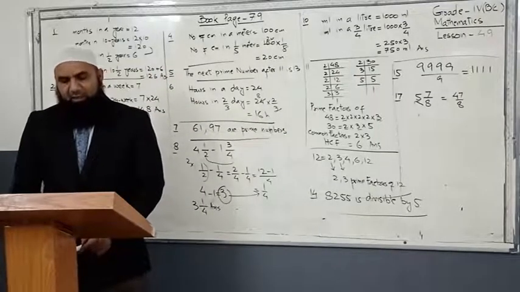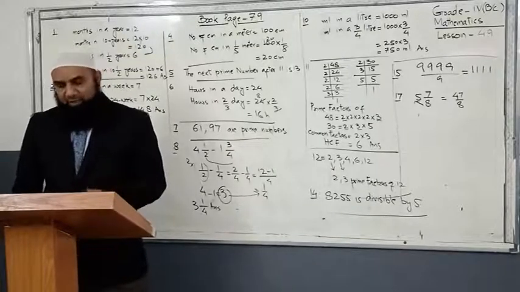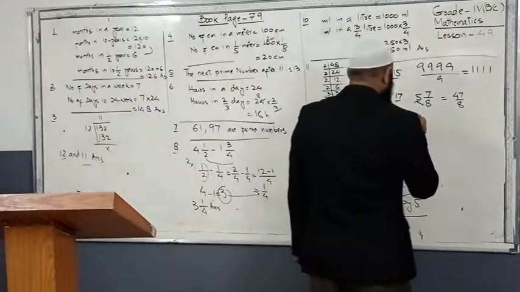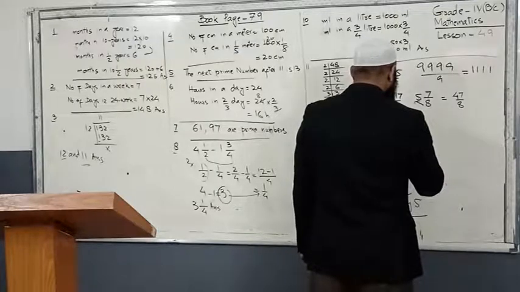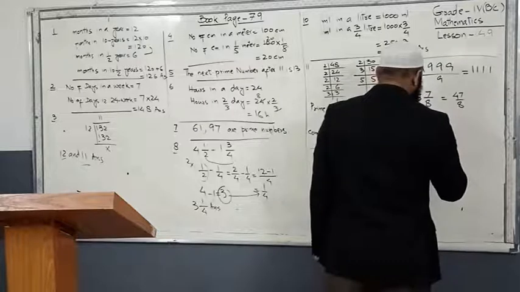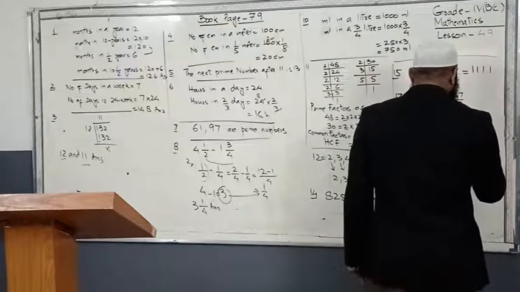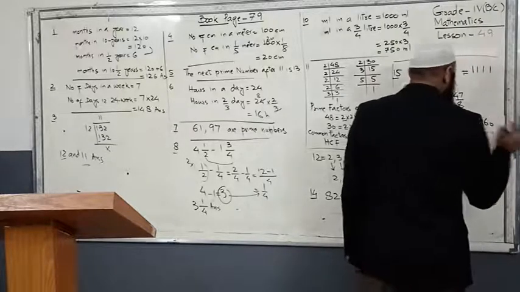Question number 18. How many seconds are there in 3 whole and half minutes? We know that seconds in a minute are equal to 60.